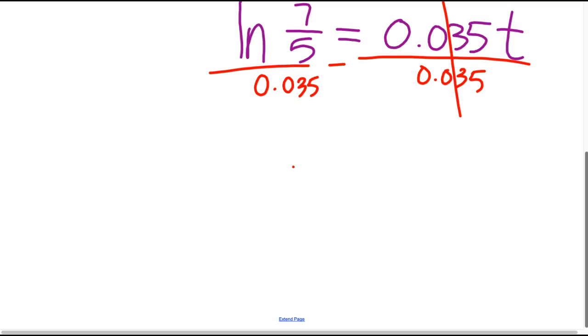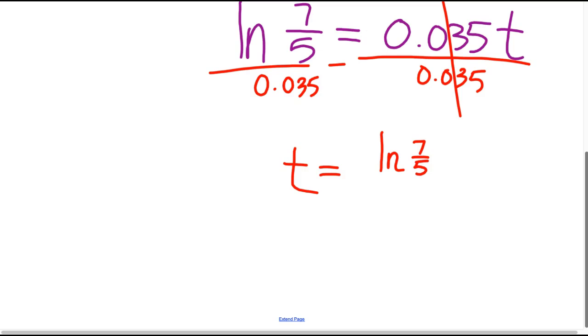So what do you get when you put that in for t? Take the natural log of 7/5, and you could go natural log 7/5, hit enter, and then divide that by 0.035 and hit enter, and that would be exactly as accurate as the calculator works as well. Or you could do it all in one calculation too.